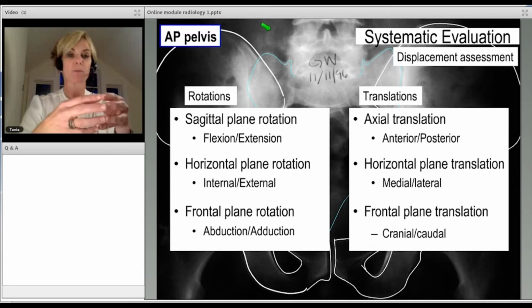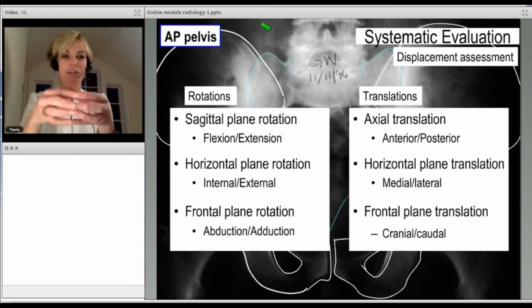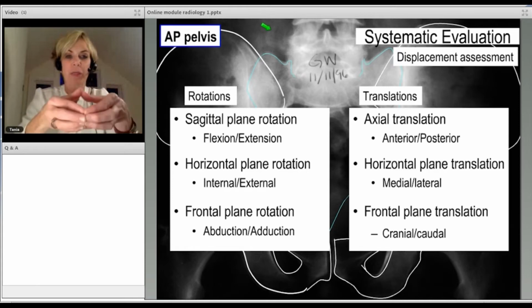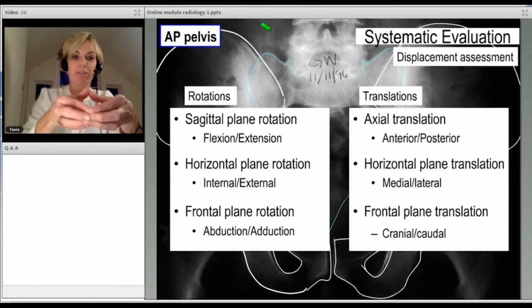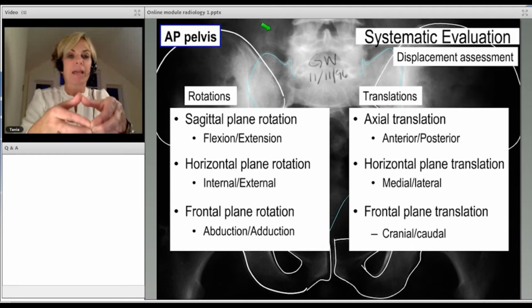So the sagittal plane. I'm just trying to orient my fingers with respect to my computer here. If my thumbs are posterior and my fingertips are the symphysis, gosh, that's hard. Okay. The pelvis can rotate in the sagittal plane, and that would be flexion and extension.